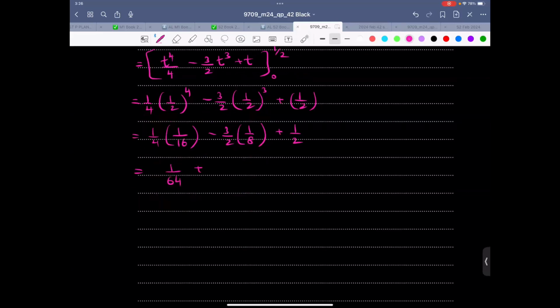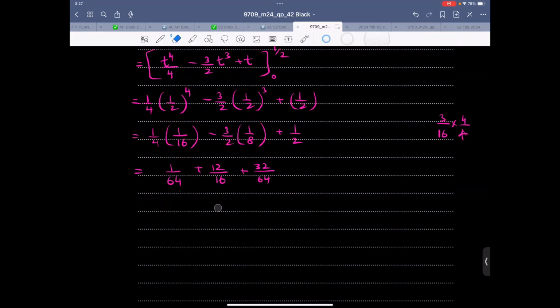2 into 8 is 16. This is 3 over 16, multiplied by 4, that can be written as 12 over 16. So I've written this as 12 over 16. 1 over 2 can be written as 32 over 64. I just want everything with a denominator of 64.